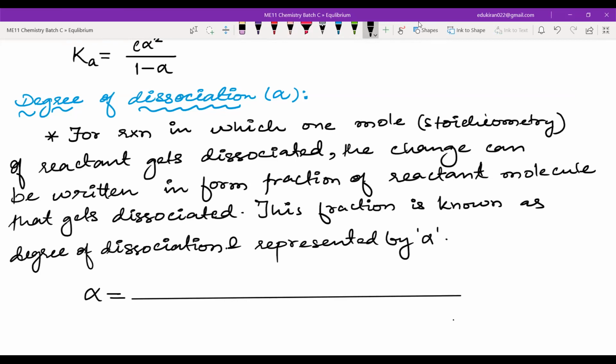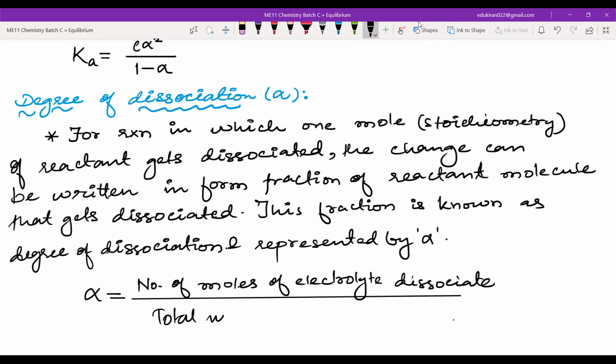So alpha will be equal to the number of moles of electrolyte dissociated divided by the total number of molecules of electrolyte.